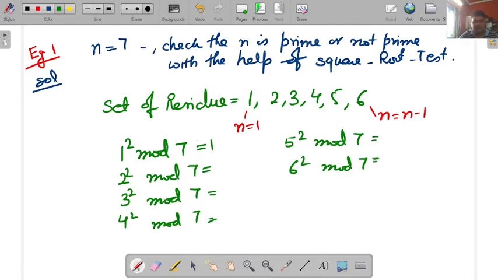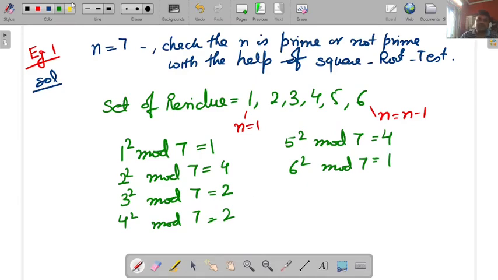So here we get 1, 4, 9 is 2, 16 is 2, 25 is 4, and 36 is 1.